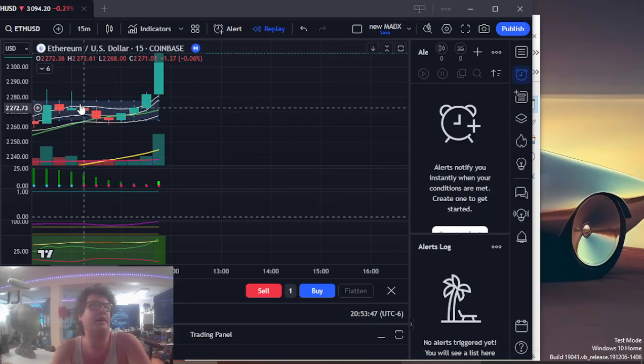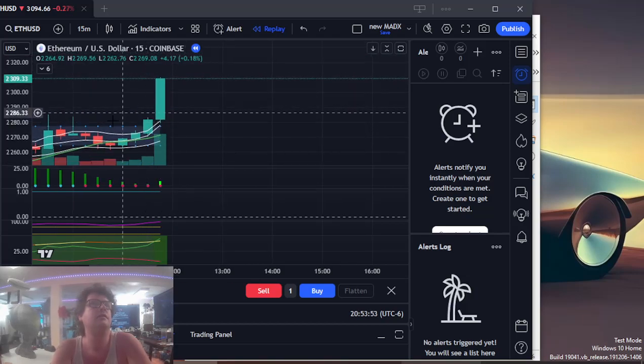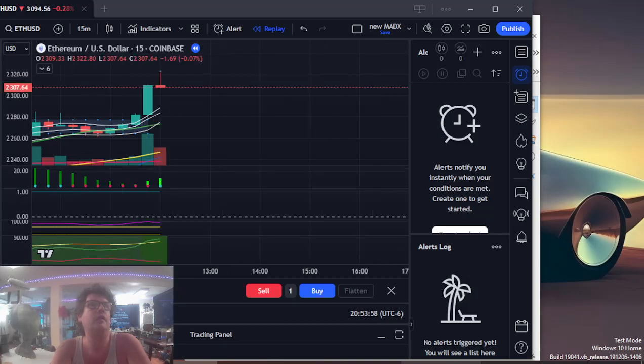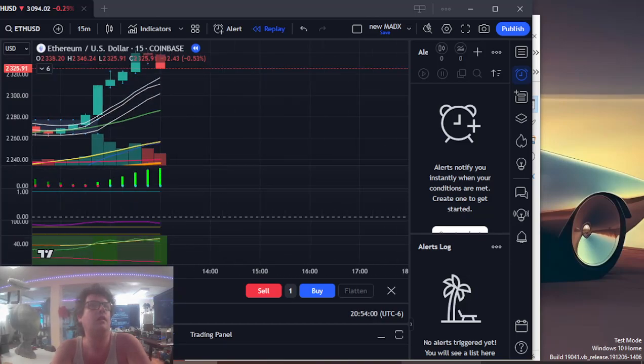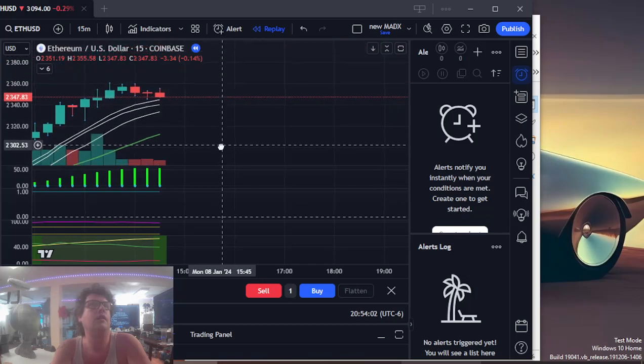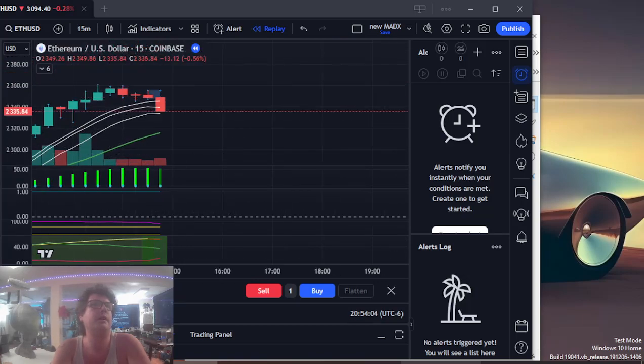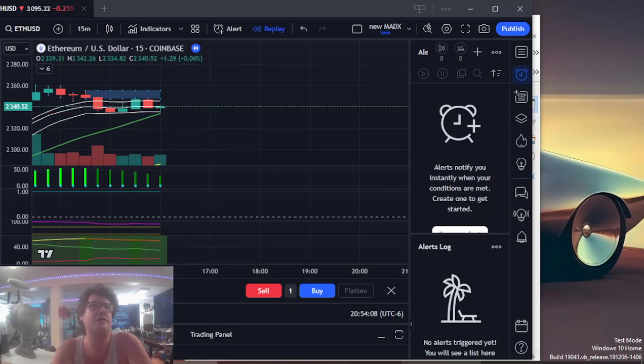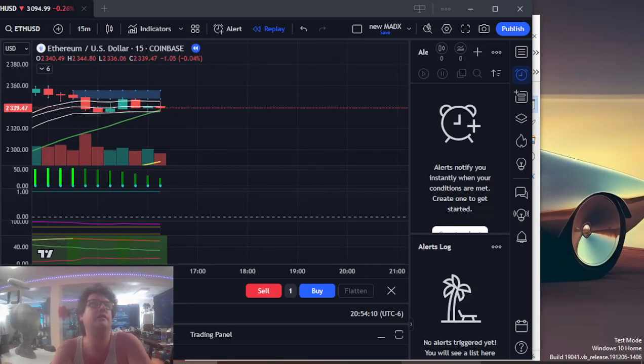Does feel like breaking out of these supply-demand zones is kind of a good thing, though. Yeah, it's not touching the middle line. Going up, up, up. See if it crosses suddenly below the green.